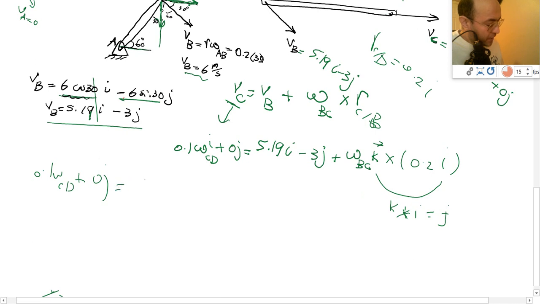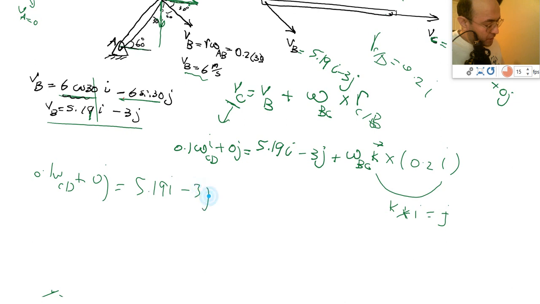In the other side, I have 5.19 i minus 3j, plus 0.2 omega BC into j, since the answer is j, right? Now, what we could say is i in one side is equal to i in the other side, and j in one side is equal to j in the other side. So overall, you end up with two unknowns and two equations. So i is equal to i, and j is equal to j.